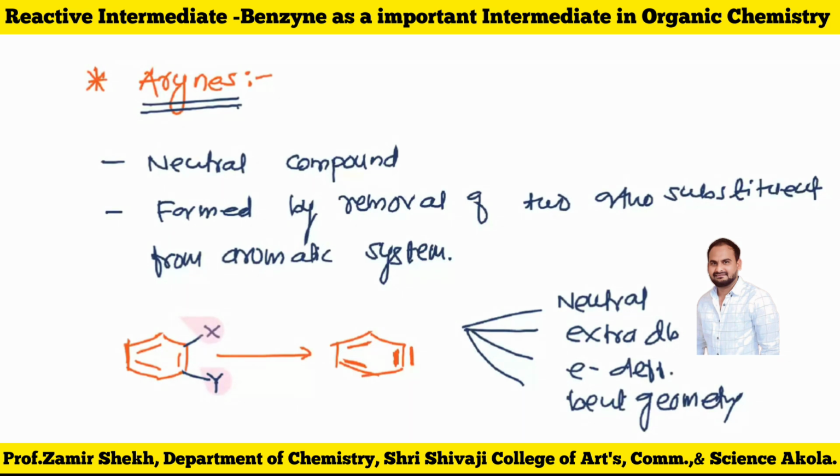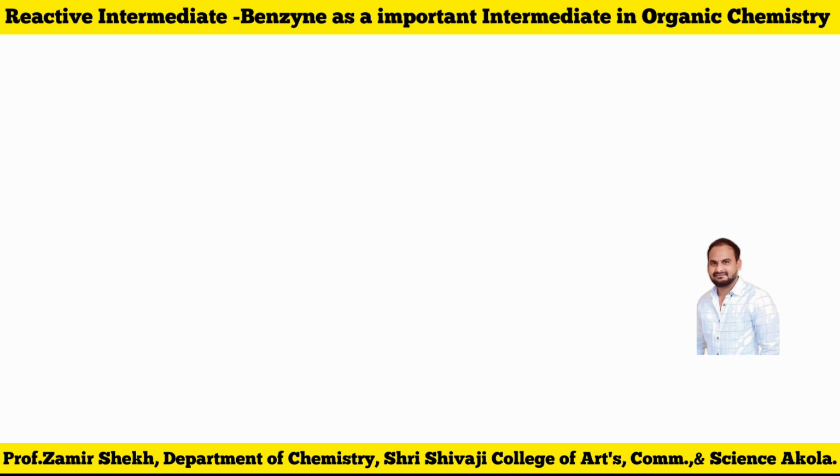And that type of molecule is called an aryne. We will distinguish these two. Suppose I have an alkyne, and your molecule is benzyne. Both have a triple bond, but what is the difference?